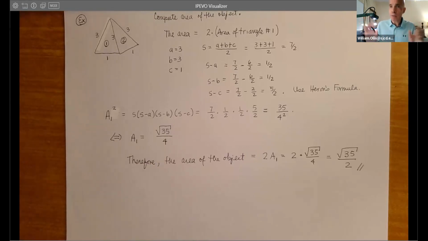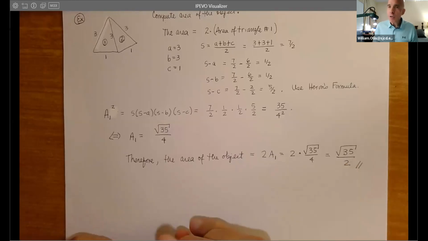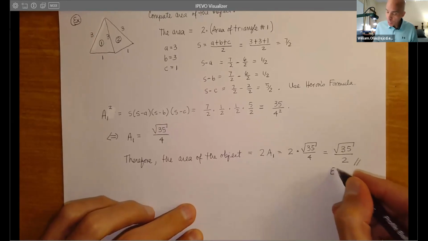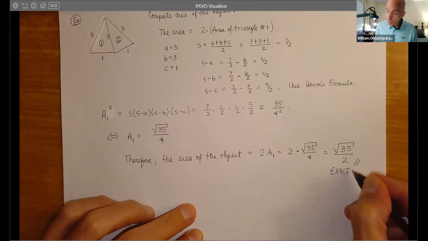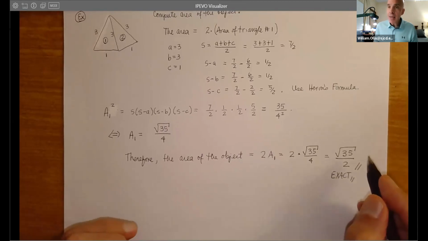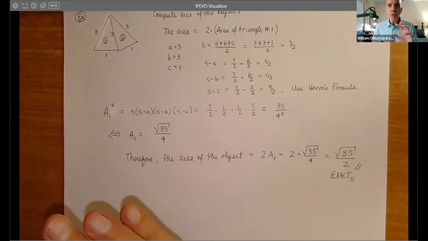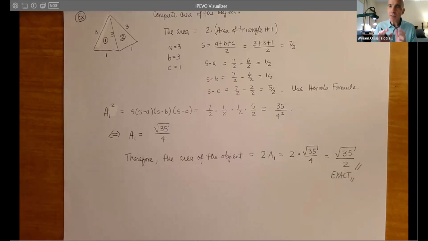It's equivalent, okay? It's just that in this case, the square root of 35 is irrational, and so this is the exact answer. And that's what you always want to strive to get. And then if WebAssign requests an approximation, you can use your Google calculator. So again, let's make sure that we keep our mathematics correct so that when we do approximations, we've got exact numbers to use for that.